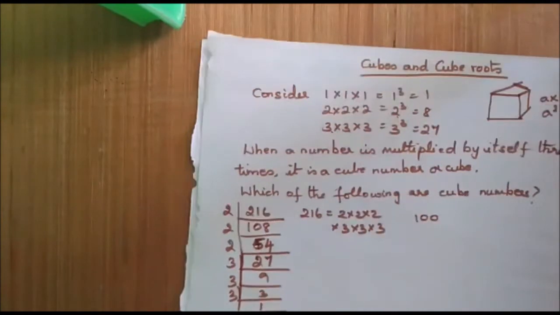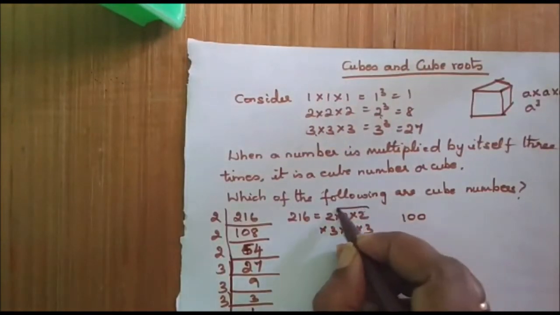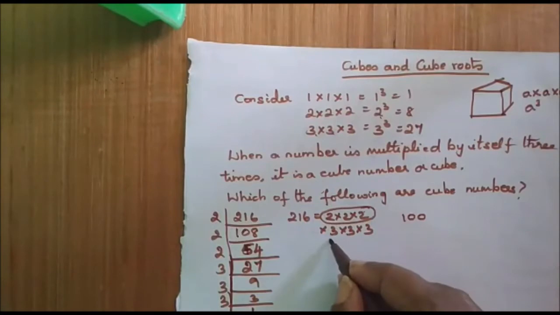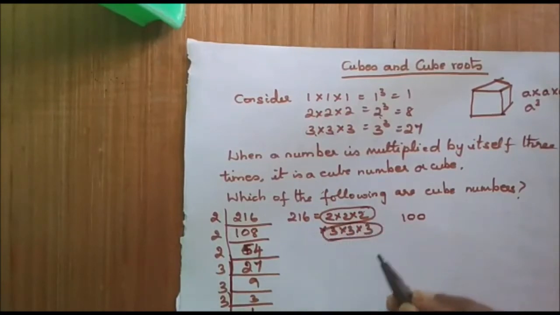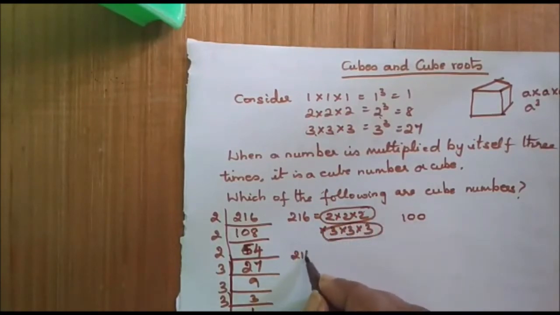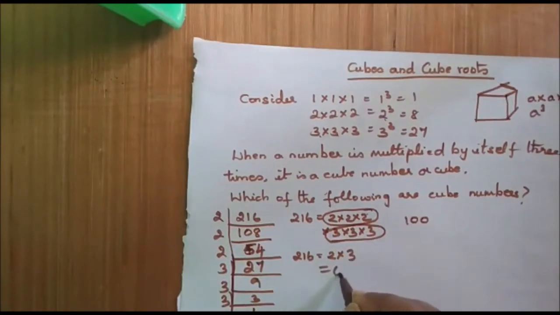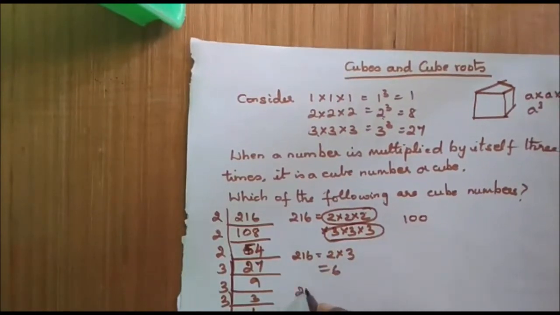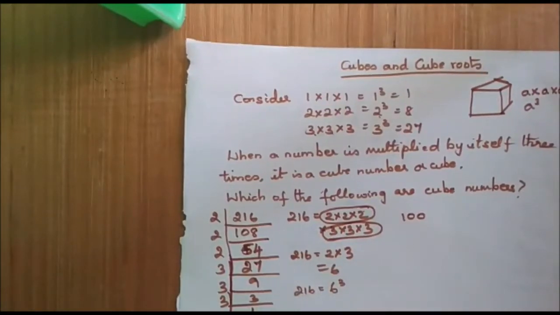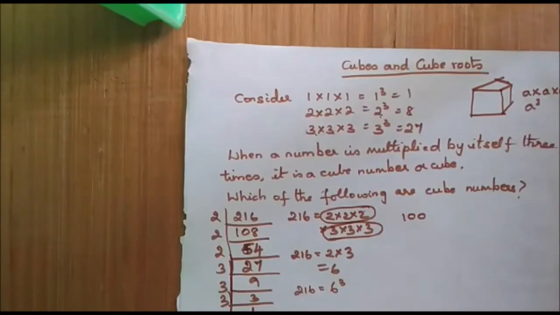So we can group all the 2s together and group all the 3s together. So 216 is nothing but 2 into 3, which is equal to 6. So 216 is equal to 6 cubed. I hope you understood this.